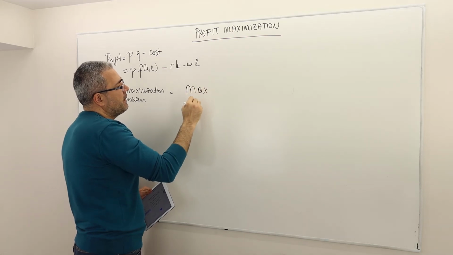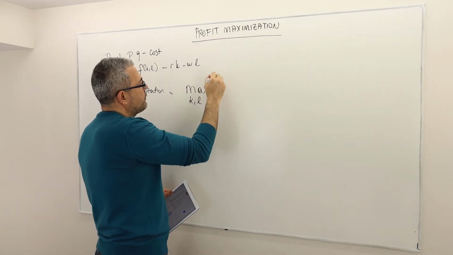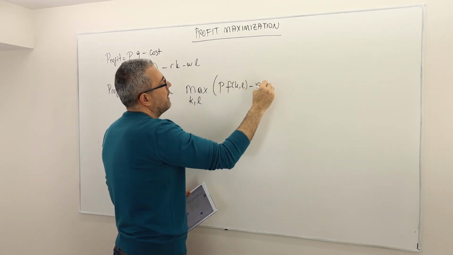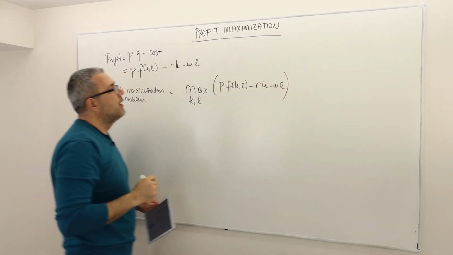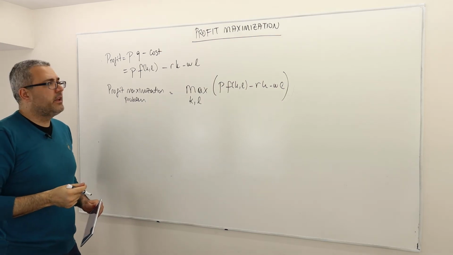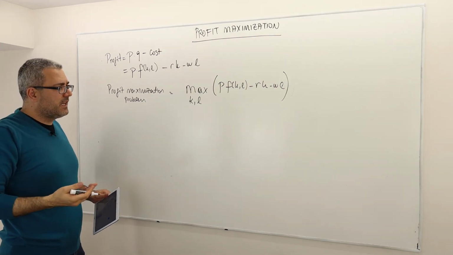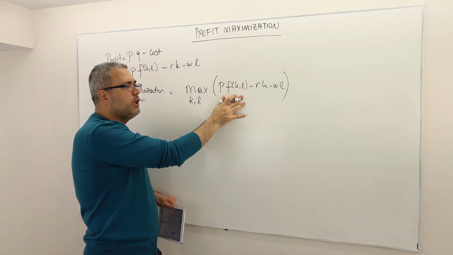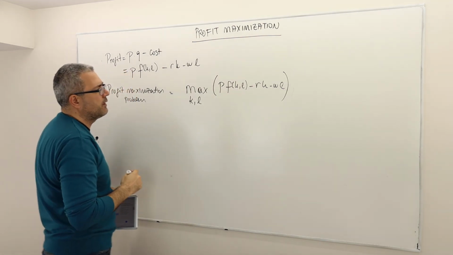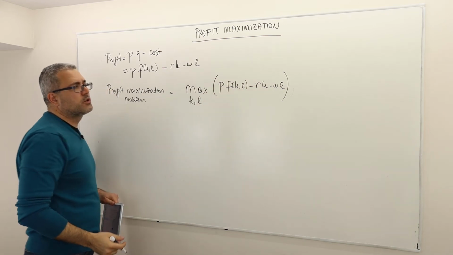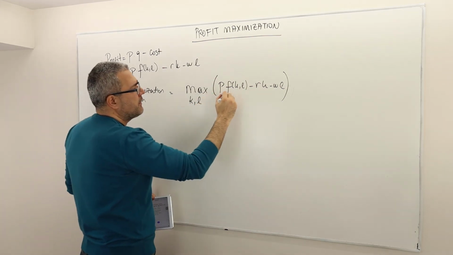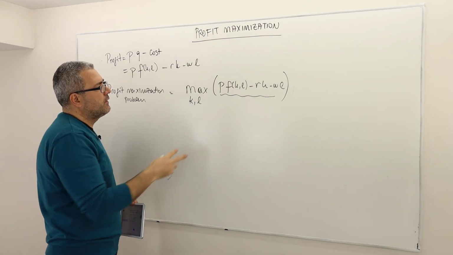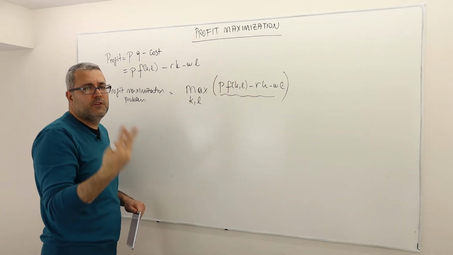Maximize by choosing K and L this term, P times f of K, L minus RK minus WL. Is it subject to anything? No, not really, because this time the production function is already incorporated into my profit function. So you can just solve this, where this is a function that has two variables. And so this is a maximization problem with two choice variables.